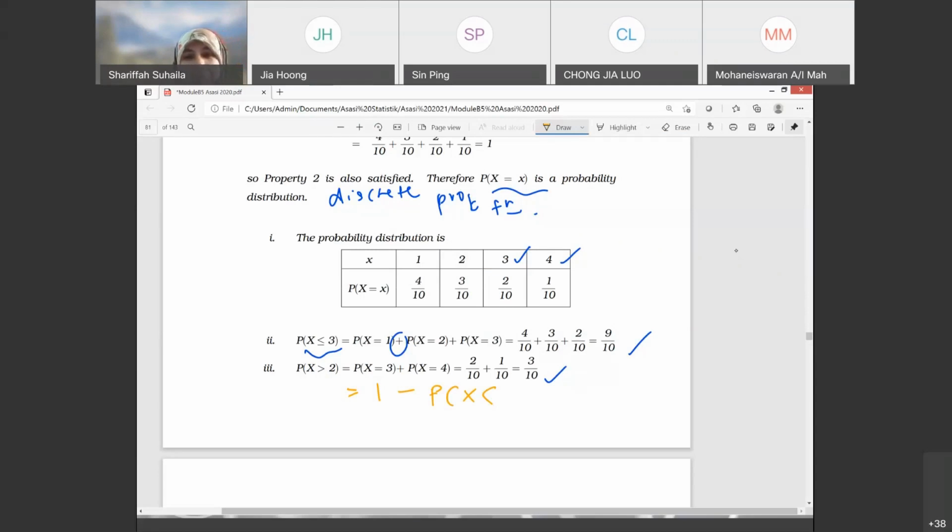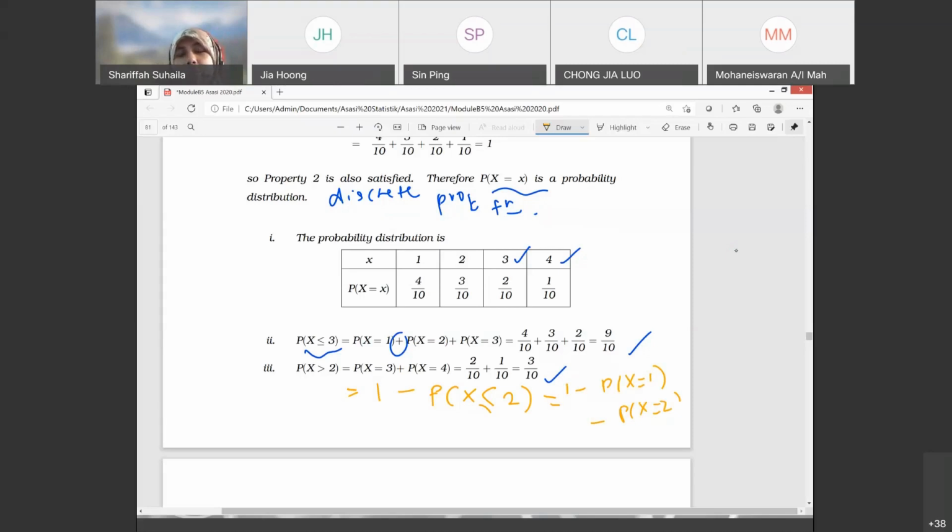It's the same thing, because your concept is total probability equals 1. Greater than 2 means it does not include 2, so 3 and 4. So 1 minus probability x equals 1 plus probability x equals 2, so it should be the same. 1 minus 7/10, which is 3/10. So you can have either x greater than 2, 3 and 4.